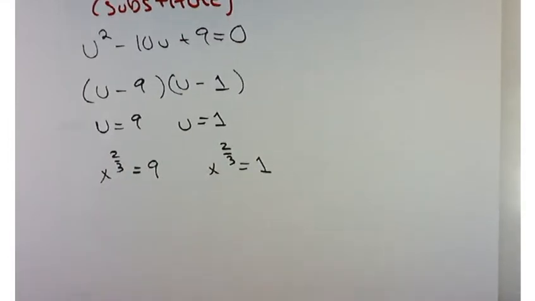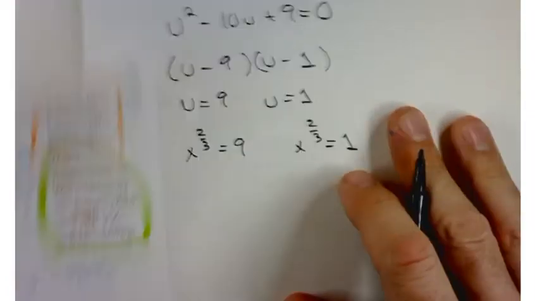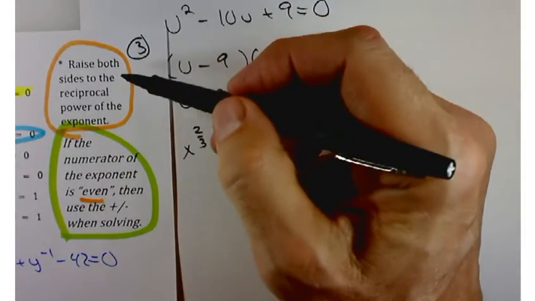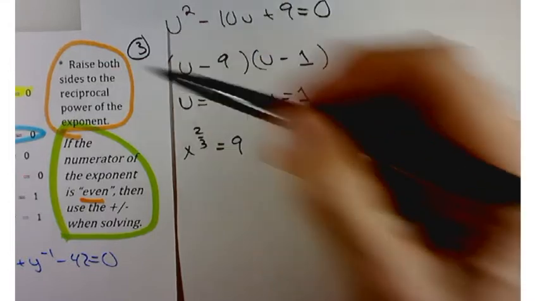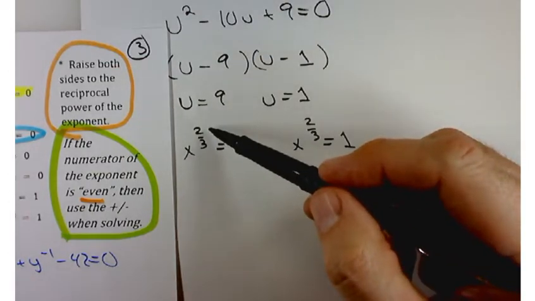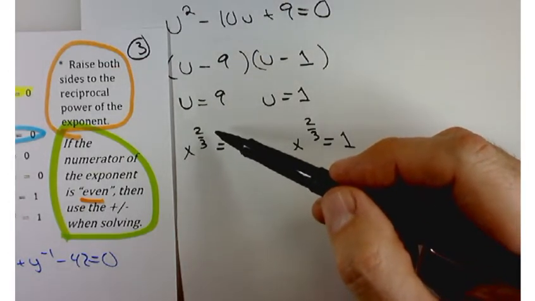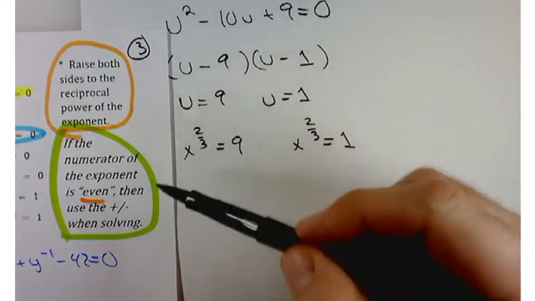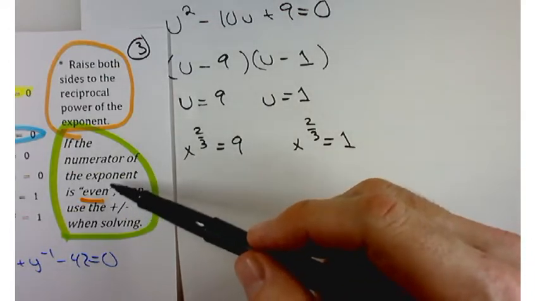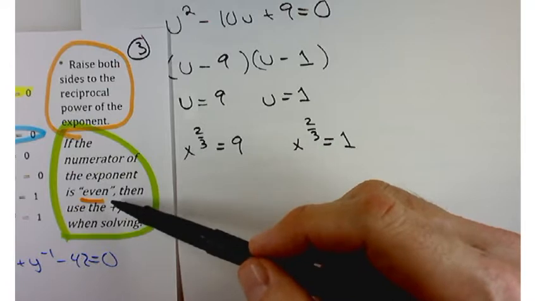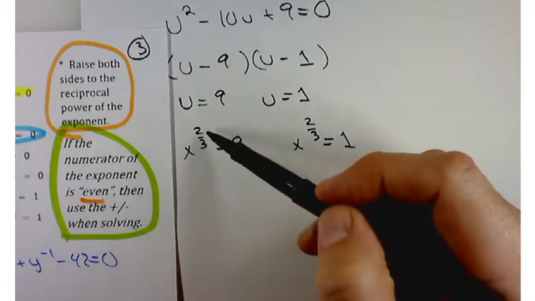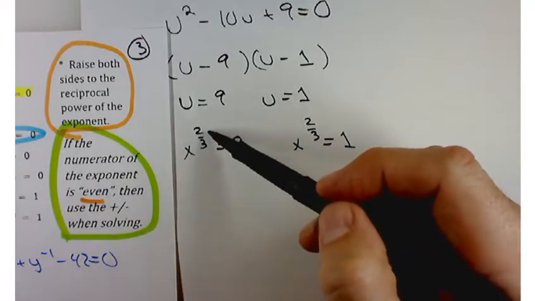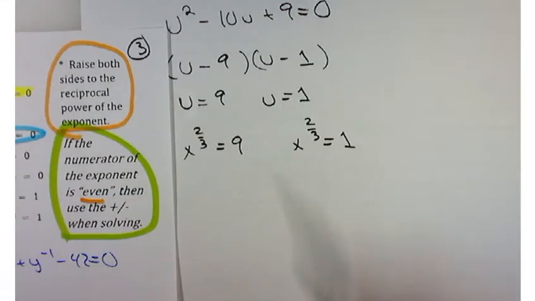So let's take a look at two things here. Let's remind ourselves, the idea is to raise both sides to the reciprocal power. So what's the reciprocal of 2/3? 3/2. Good. And if the numerator of the exponent is even, then we need to use a plus or minus. So am I going to be using the plus or minus in my solution here? Yes. So we got both of those things working for us.